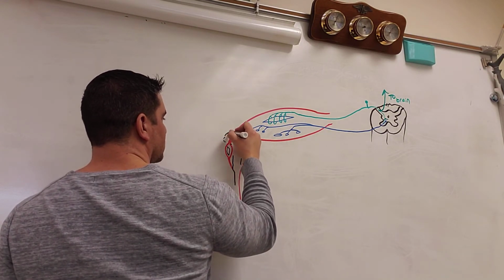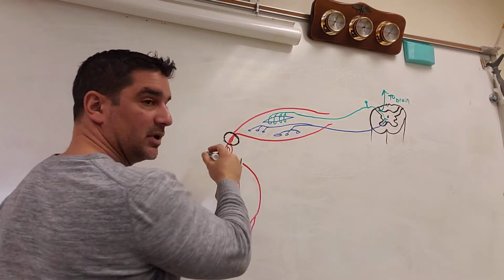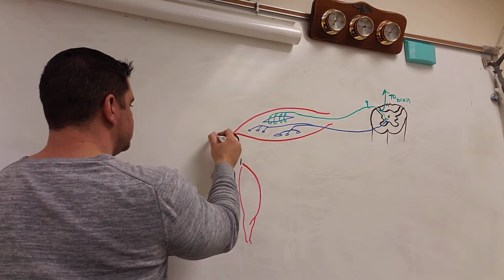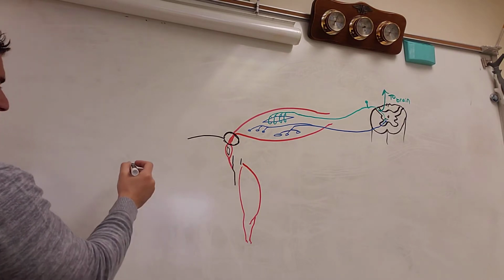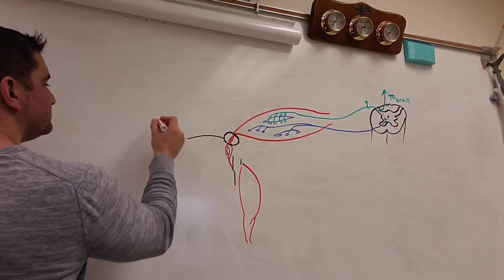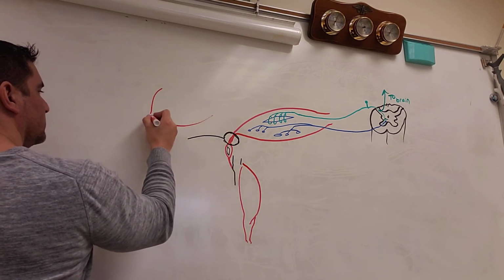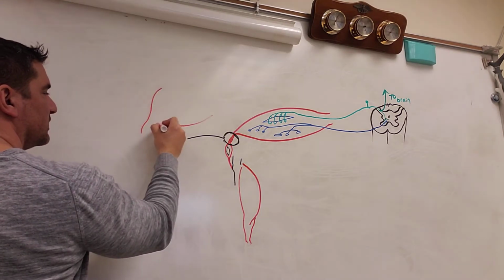So I'm going to do an exploded view of that guy, and I'm going to take it right over here. Okay. So let's say inside of that tendon. So we've got our tendon here. So there's our muscle, right? And then we've got our tendon going down like that.